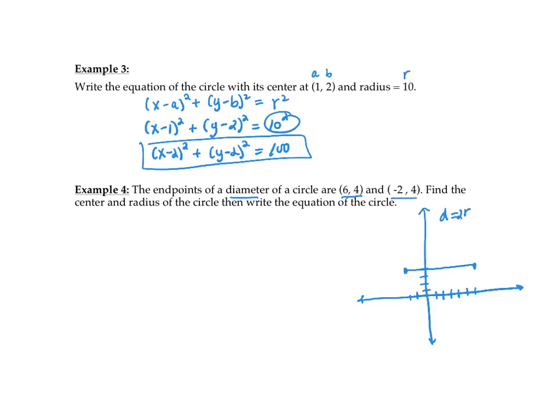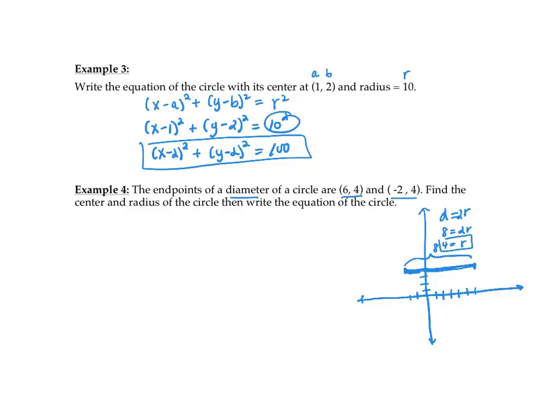Now, you may have learned the distance formula already, and of course you can use that as well. But since these 2 points are on the same horizontal line, we can say for sure that the distance between them is 8 units, because this distance would be 2, and this would be 6, for a total of 8. And since the diameter is equal to 8, and that's 2 times our radius, we can say our radius is equal to 4.